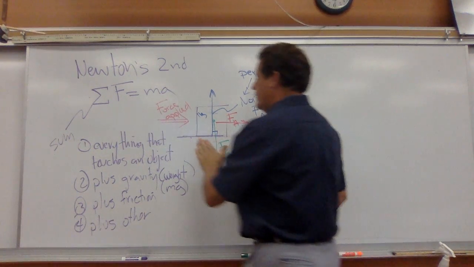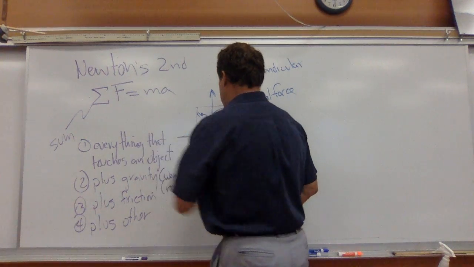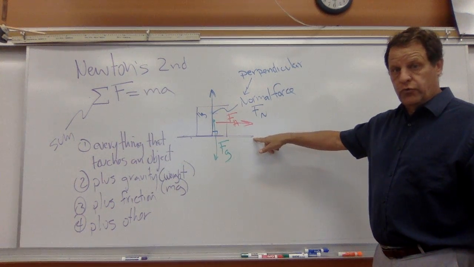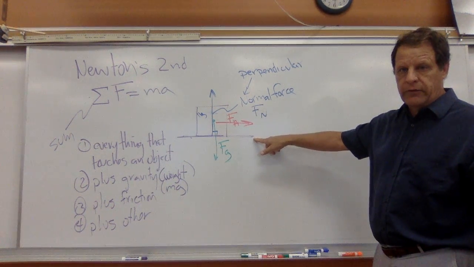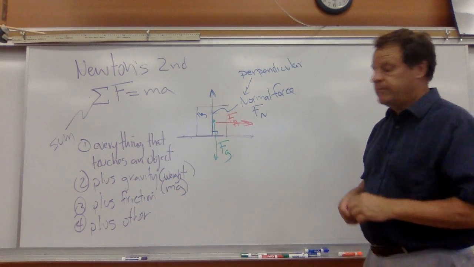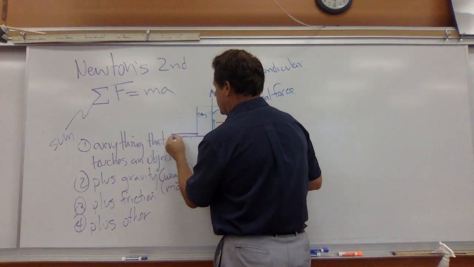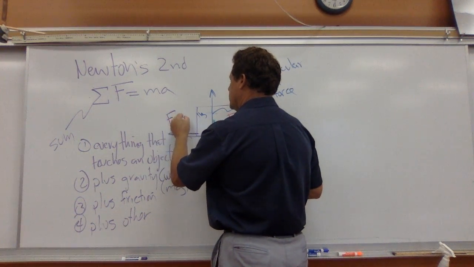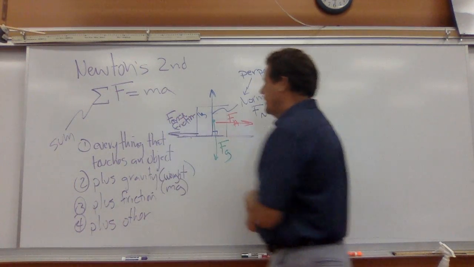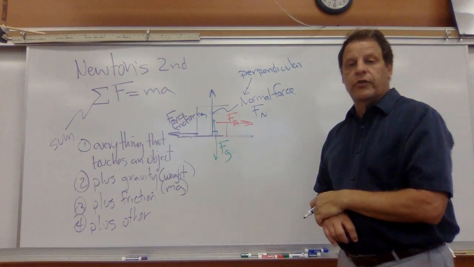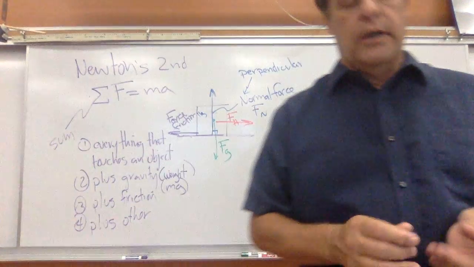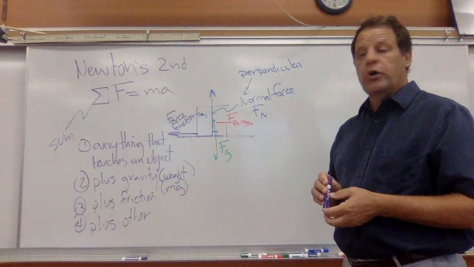And finally, for our purposes, if this ground or this surface is rough, as you might expect, there's going to be a force of friction, okay? So that force of friction is going to go in the opposite direction or potential direction of the potential motion.